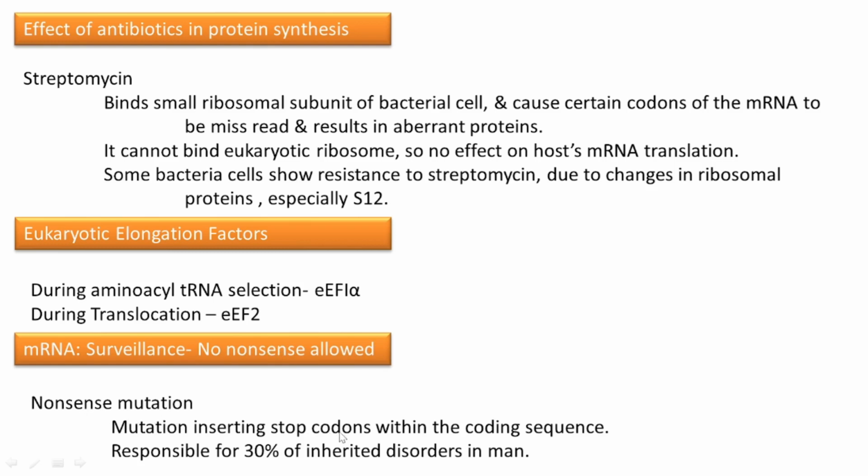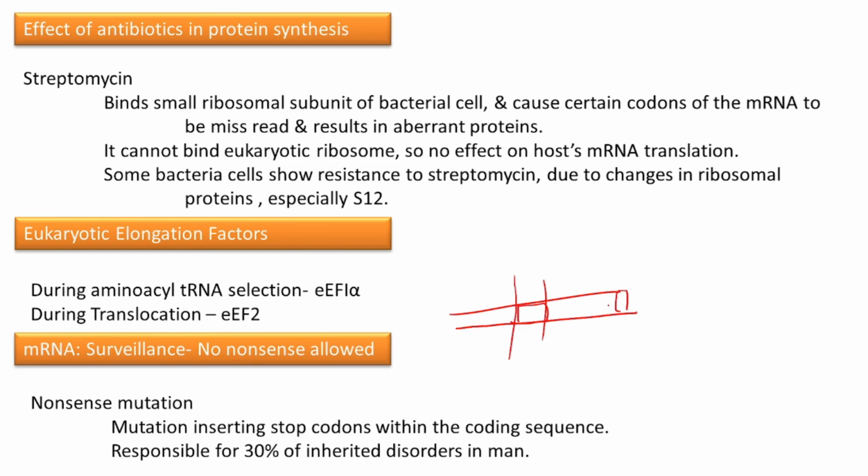Nonsense means that because of that particular mutation, certain stop codons are inserted within the coding sequence, within the reading frame. As a stop codon comes within the reading frame, what will happen? Actually, the stop codon should come only at the end portion. If the stop codon came somewhere here, the translation stops here, and the rest of the codons will not be read.